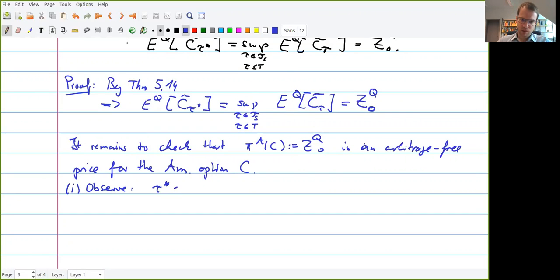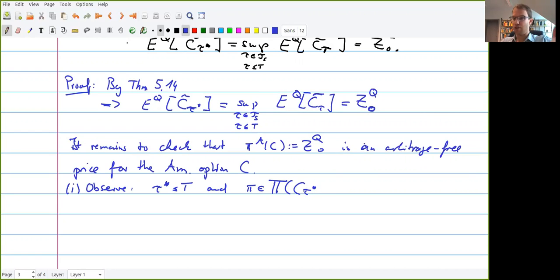And if I take now my stopping time tau star and I consider the arbitrage-free price of the stopped American option, so if I stop the American option with respect to tau star, it's a European option, right?